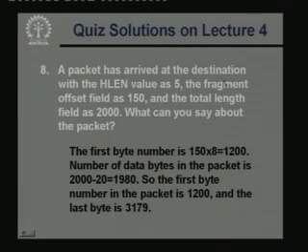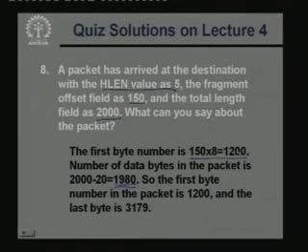Now, a packet has arrived at the destination with the header length as 5, fragment offset 150 and the total length field as 2000, then what can you say? Well, since the fragment offset is 150, we can say that the first byte number is 150 into 8, 1200. The header length is 5 meaning 20 bytes of header, the total length is 2000. So, we can say 1980 data bytes are there.